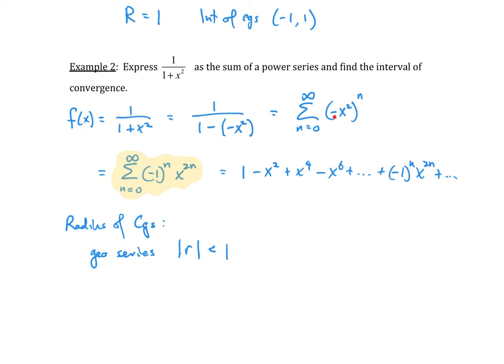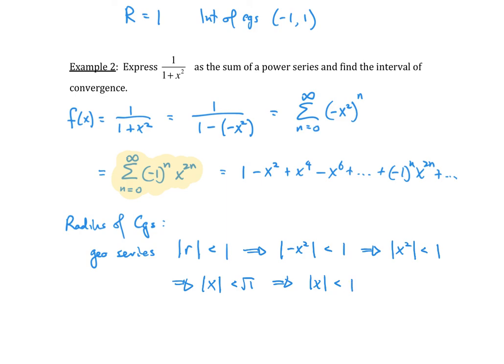Now, our r is negative x squared, so this inequality becomes the absolute value of negative x squared is less than 1, right? And when we take the absolute value of a negative, it just becomes positive. So you've got absolute value of x squared is less than 1. And taking the square root of both sides, this tells us that the absolute value of x is less than the square root of 1, which basically means that the absolute value of x is less than 1.